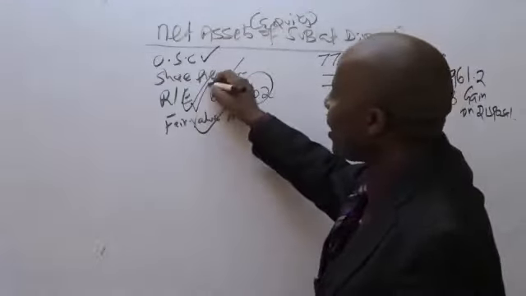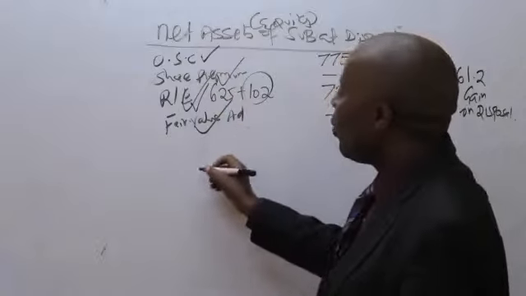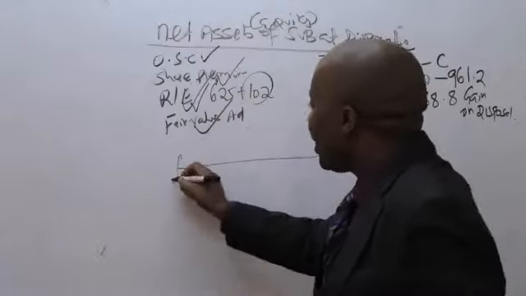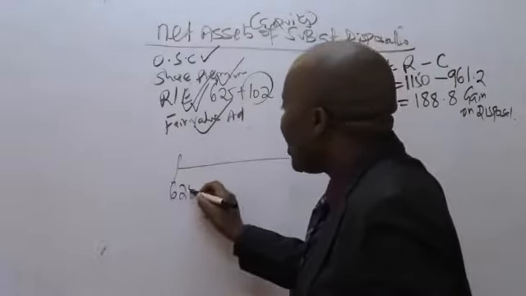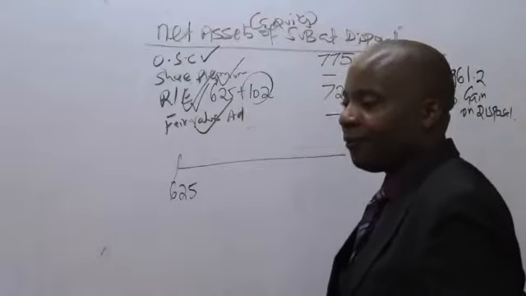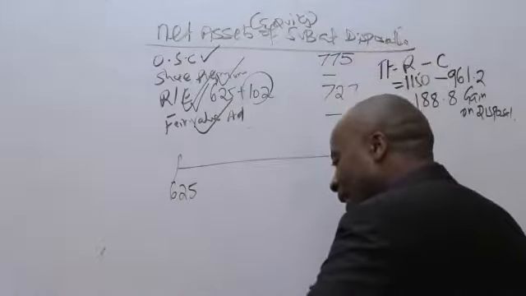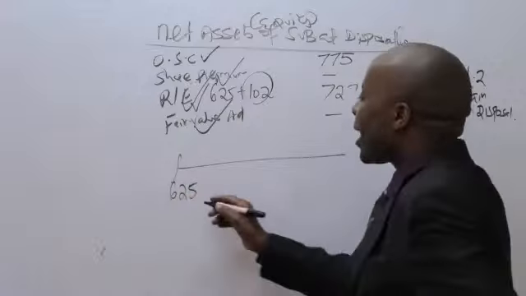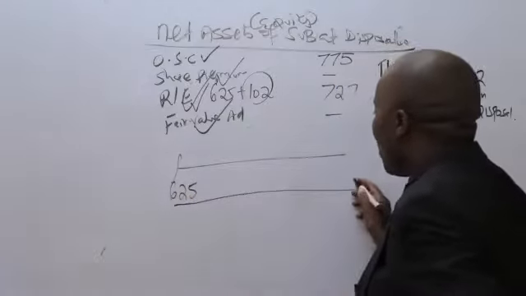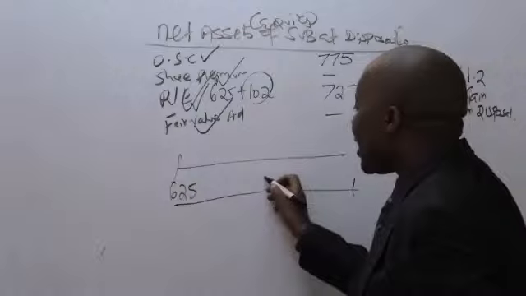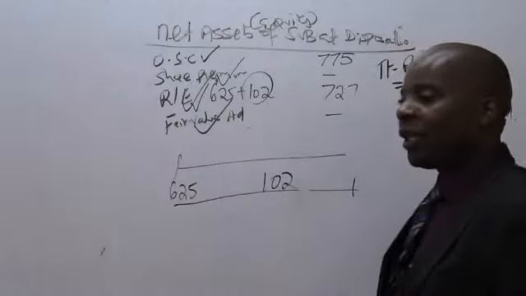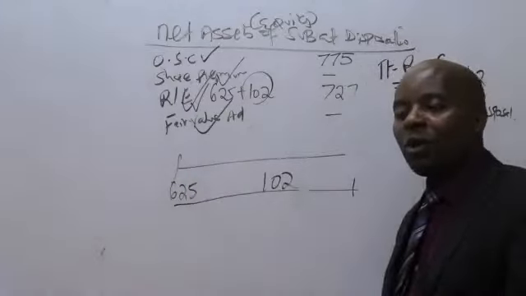So retained earnings, Mary is asking why add. When we bought this company, we bought it having retained earnings of 625. So this 625 retained earnings at the beginning, the company was not asleep the whole year. It went ahead and made a comprehensive income of 102.